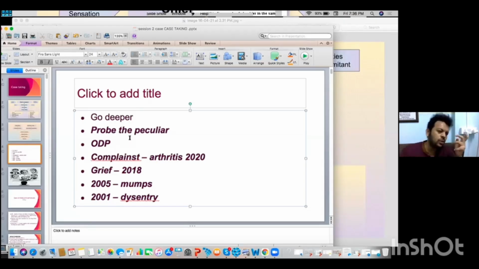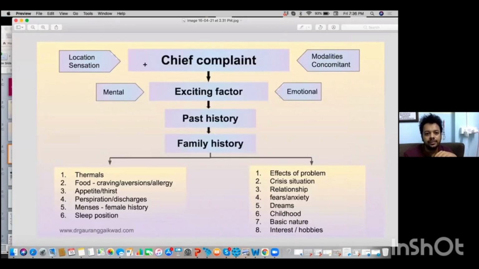He said, "Oh, I didn't do anything. I took some antibiotics and the diarrhea stopped. And after 2 years, I developed this joint problem." Straight away, he gives the remedy abrotanum. So he correlates the suppressed diarrhea 2 years before the joint problem started. One of the top remedies could be abrotanum. So again, you can see here a lot of connection of the exciting factor.